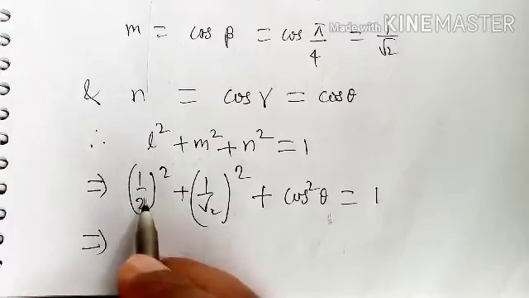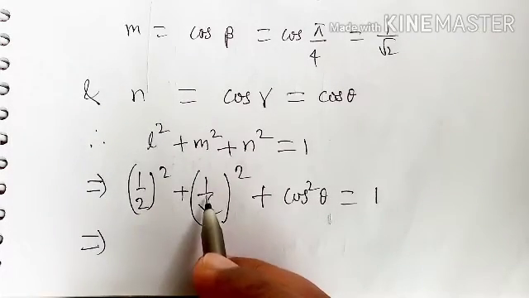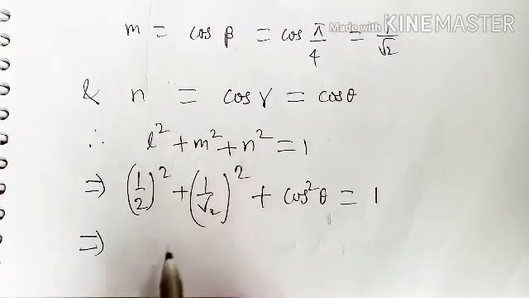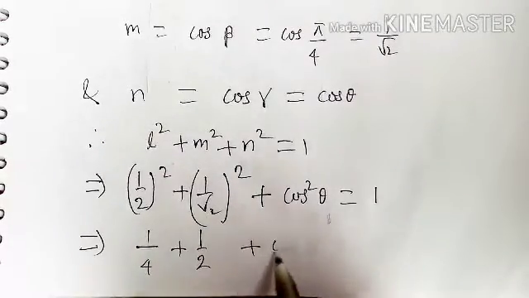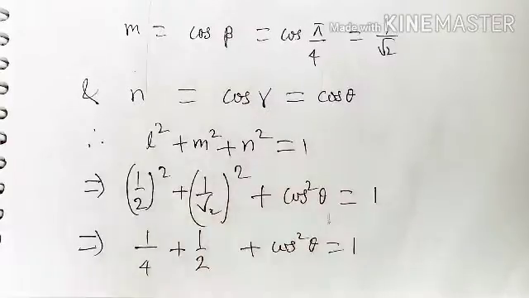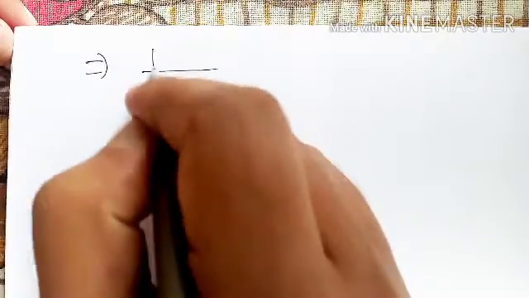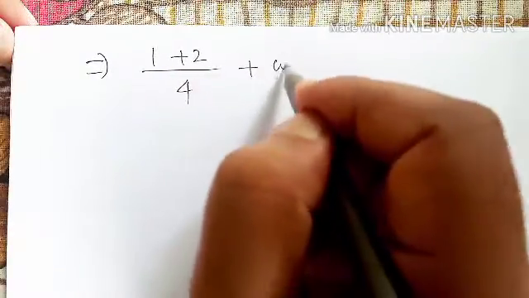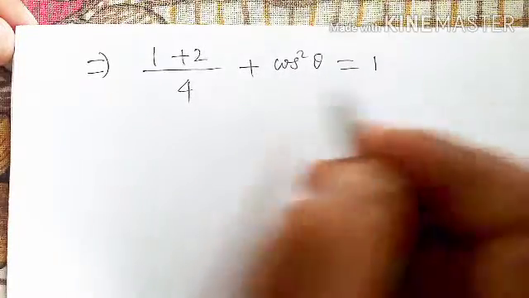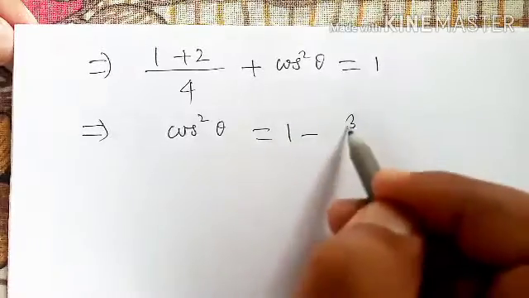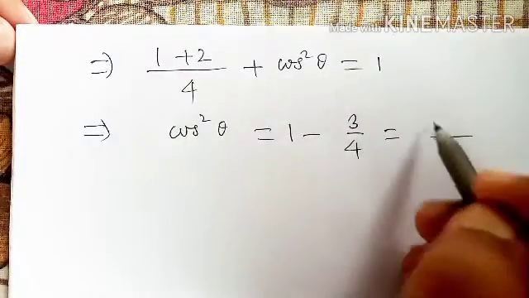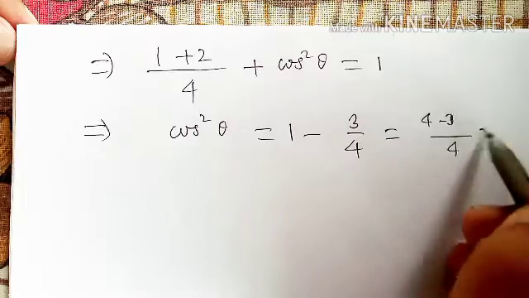So 1 by 4 plus 1 by 2 plus cos square theta. If we take LCM, then we have 1 plus 2 plus 4 cos square theta is equal to 4. This implies that cos square theta is equal to 1 minus 3 by 4 is equal to 4 minus 3 is equal to 1 by 4.